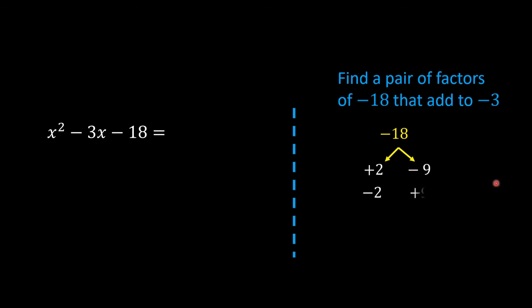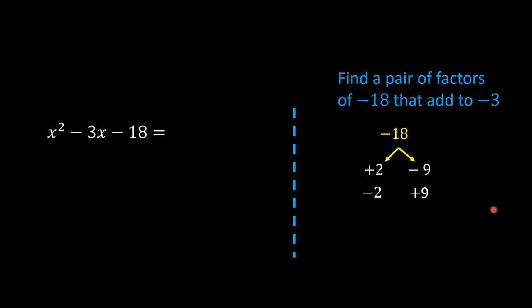Let us try negative 2 and positive 9. Negative 2 times positive 9 is negative 18. Let us try to add them. Negative 2, positive 9 is positive 7, which is not equal to negative 3.